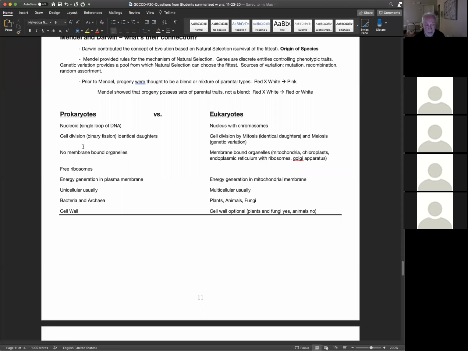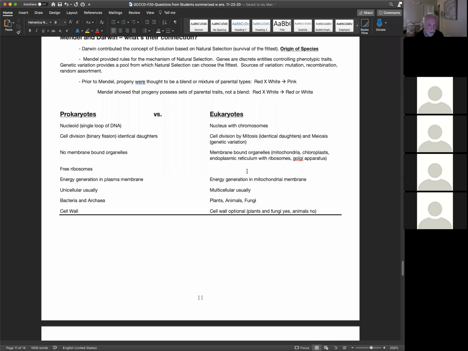Prokaryotes, how do they propagate? Their cell division is called binary fission, and that results in identical daughter cells, no genetic variation. Whereas in eukaryotes, they have mitosis, which gives identical daughter cells, but they also have meiosis, which is designed to introduce genetic variation. And we've talked a lot about that.